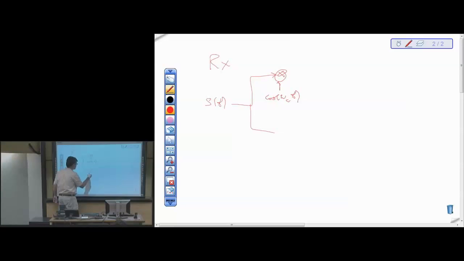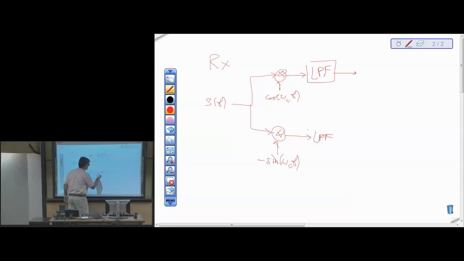Lower path, modulate by minus sine omega ct. Low pass filter. Low pass filter. I get an estimate of x1, estimate of x2.